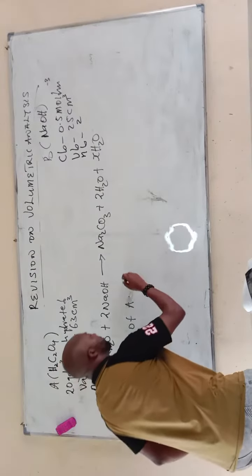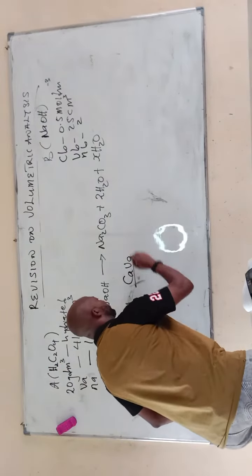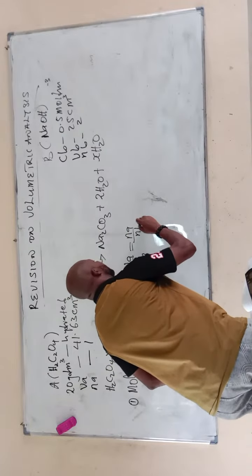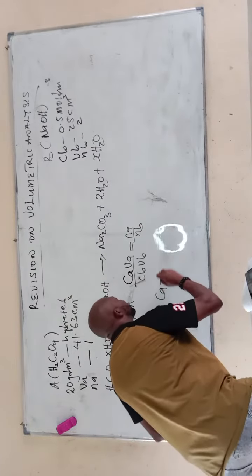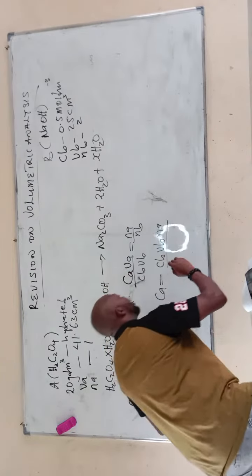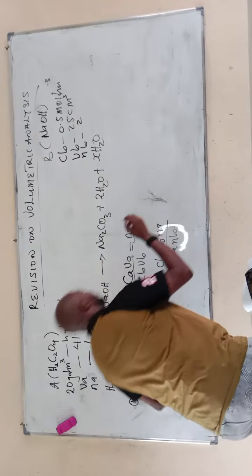So I have my CAVA over CBVB is equal to NA over NB. I'm looking for CA. CA is equal to CBVBNA over VANB.